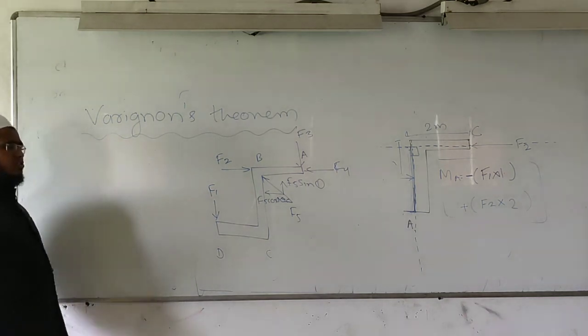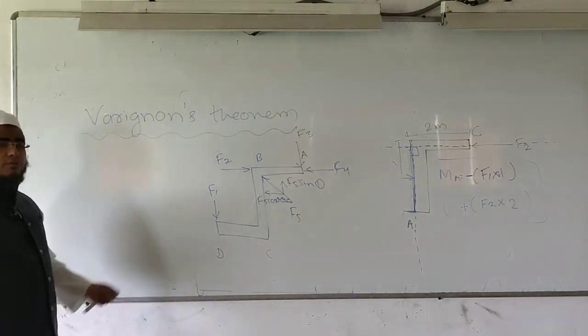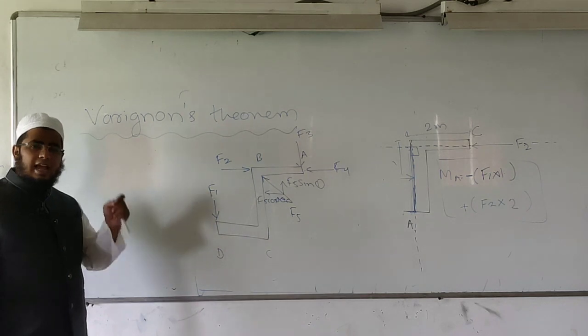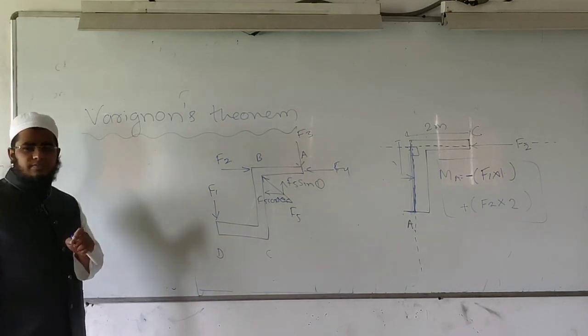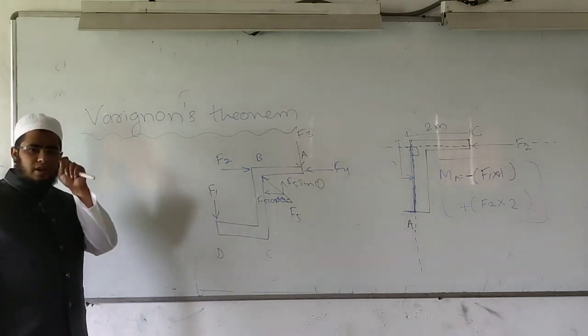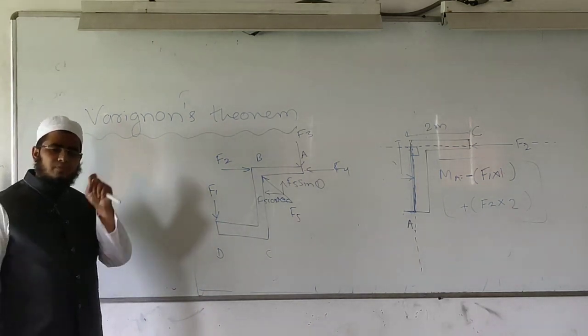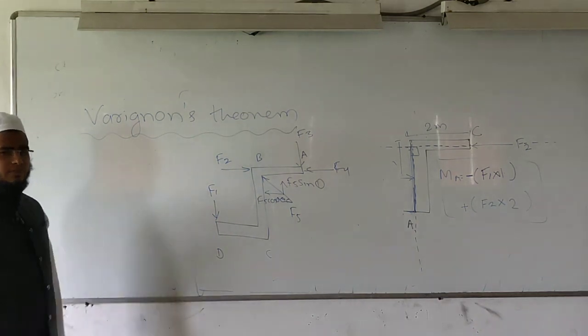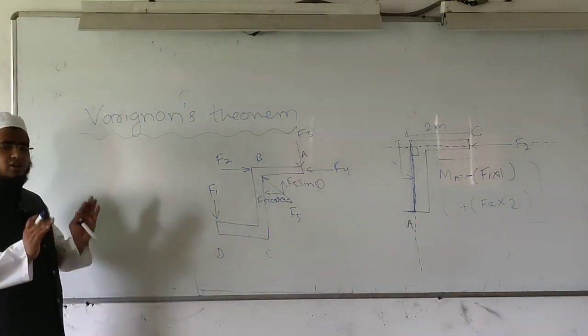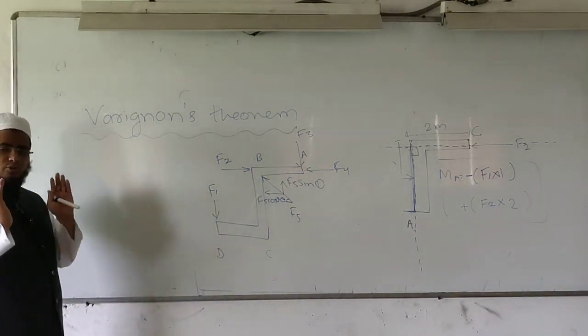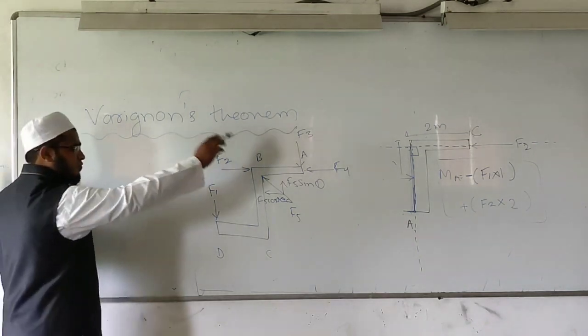Varignon's theorem states that the algebraic sum of the moments of the forces acting on the object about a moment center is equal to the moment due to the resultant.